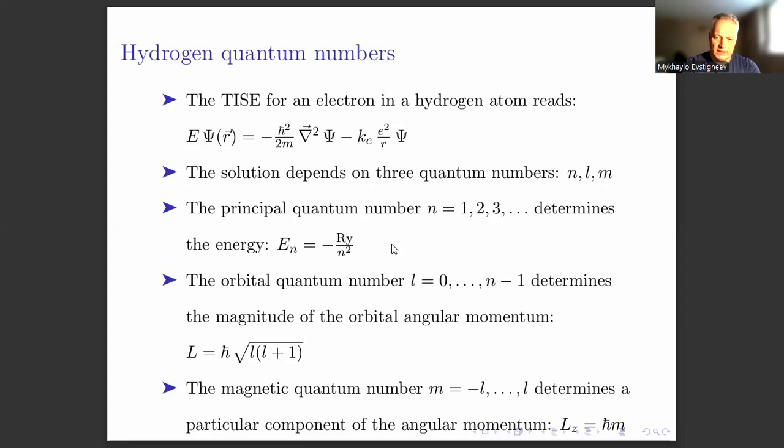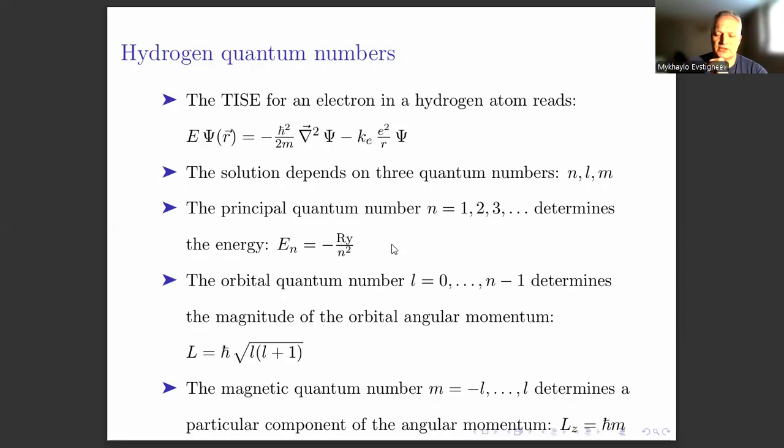So no angular momentum. But for any value of the orbital quantum number, the magnitude of the angular momentum is reduced Planck's constant, h bar, times the square root of L times L plus 1.